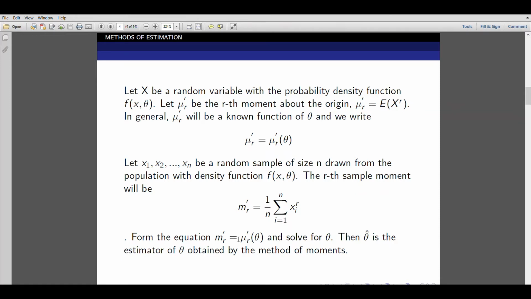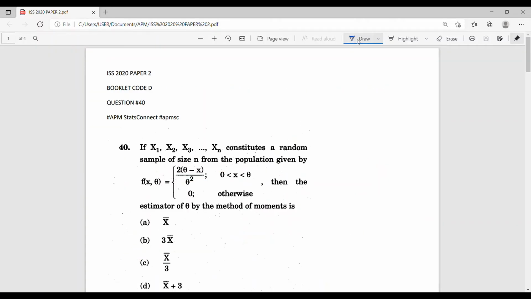Let's move on to the question. The question is from ISS 2020 paper 2, booklet code D, question number 40.